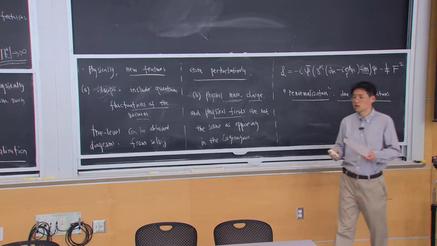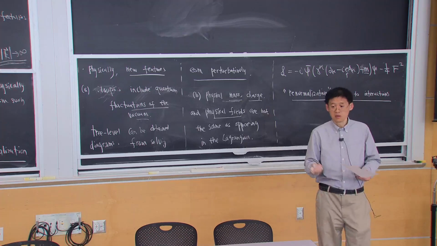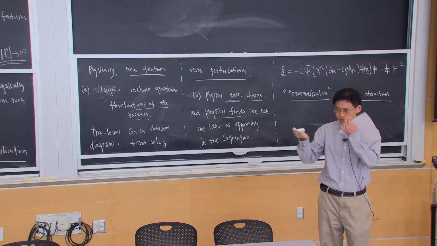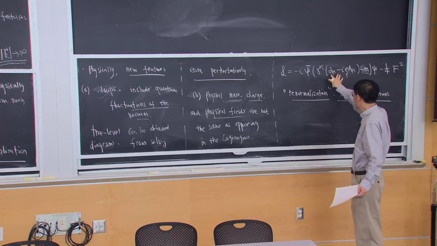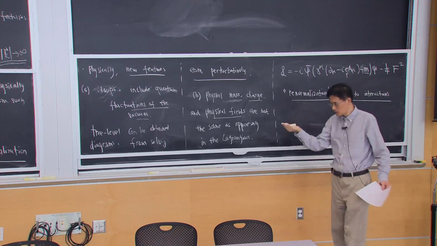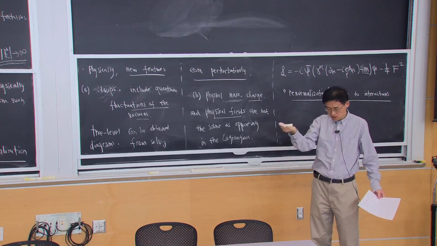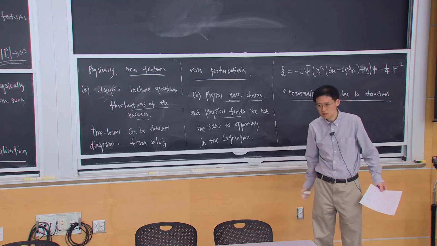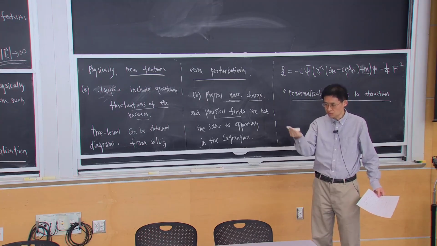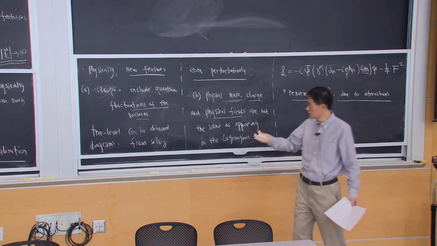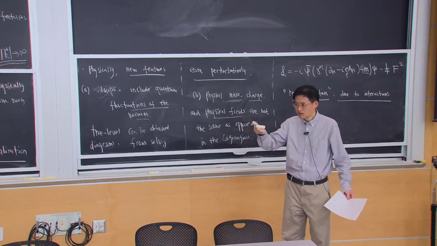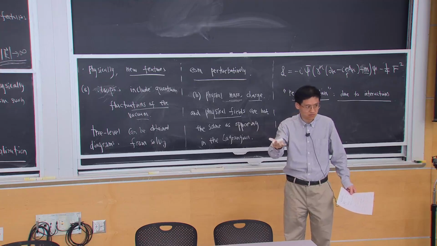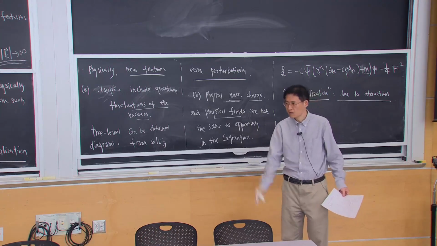So heuristically, the physics is as follows. Just imagine you have a free electron. The mass of the electron is then what you measure. But if you include the interactions, the electron can interact with the photon in a complicated way, and that interaction can change the mass of the electron.